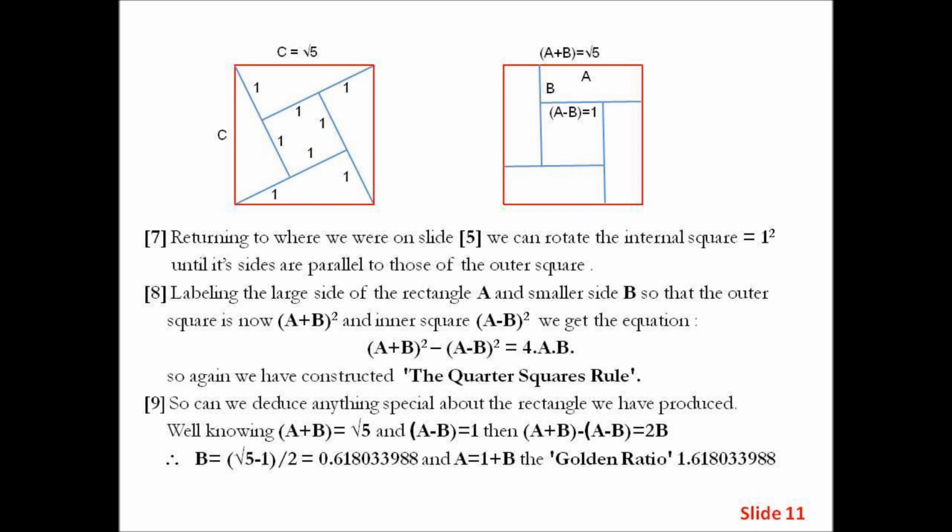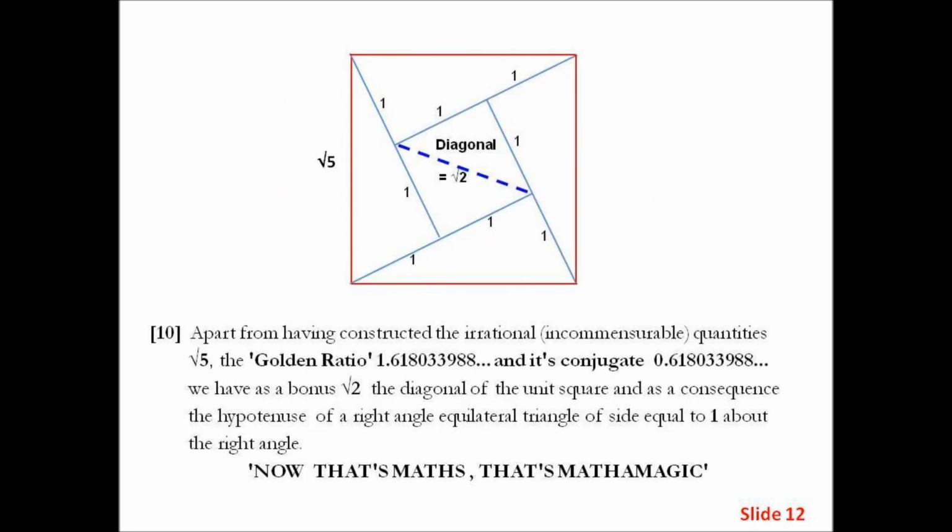Therefore b equals (root 5 − 1)/2, which is equal to 0.618033988, and A equals 1 plus B, the golden ratio, 1.618033988.